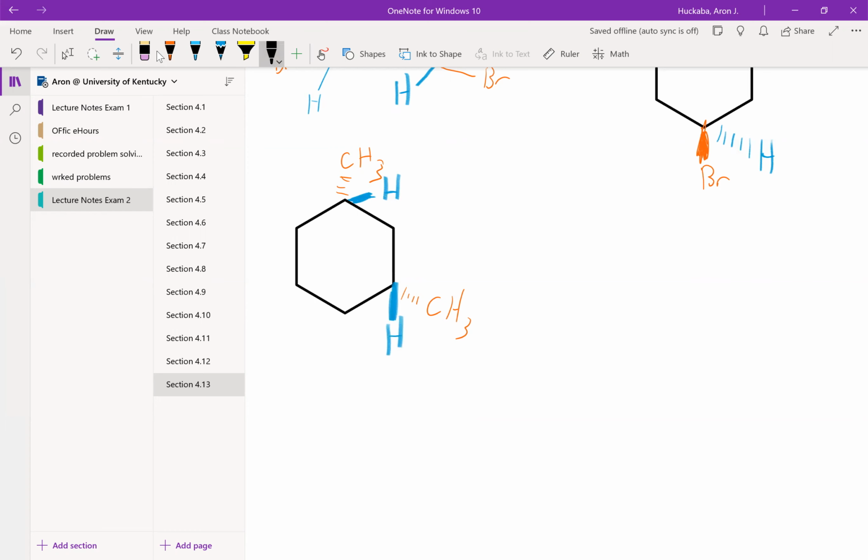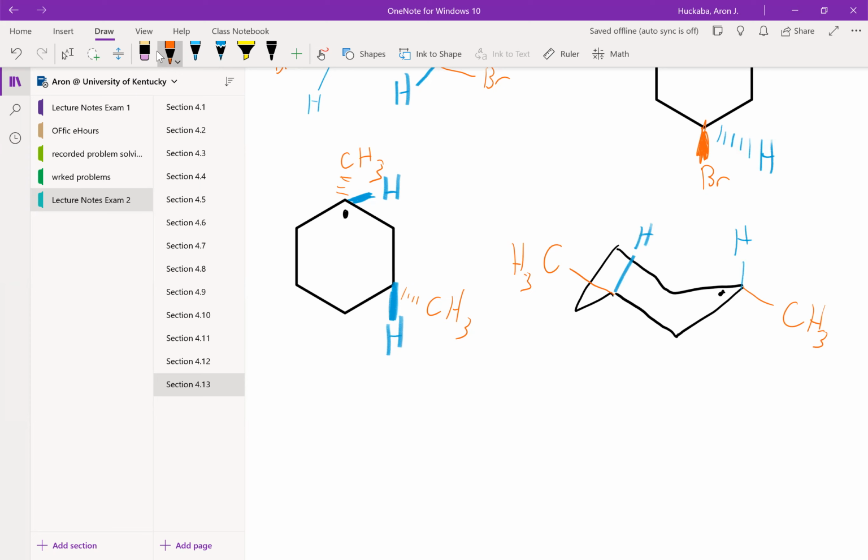And if we draw the chair conformation of these, here's our chair. Seeing that this carbon is corresponding to this one, we'll see that the hydrogen is pointed up and the CH3 is pointed back or down. And on the third carbon away, we also see the hydrogen is pointed up and the CH3 is pointed down.